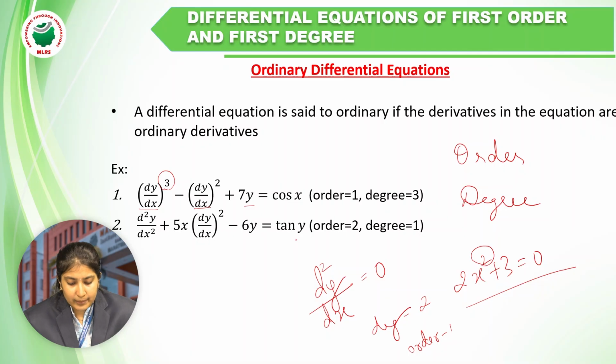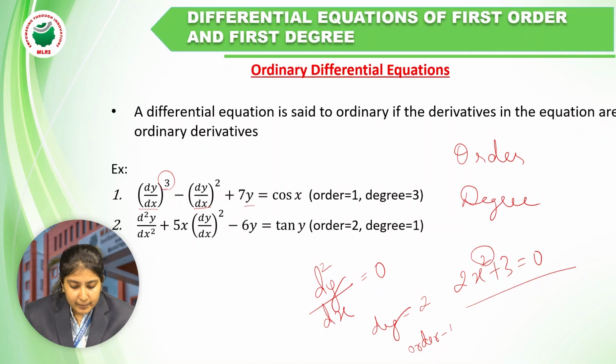Coming to the second equation, here the degree is 2 or 1? No, the degree is 2 and the order is 1. No, it is wrong, because I have to take the highest order derivative. So d²y/dx² is of the highest order, right?